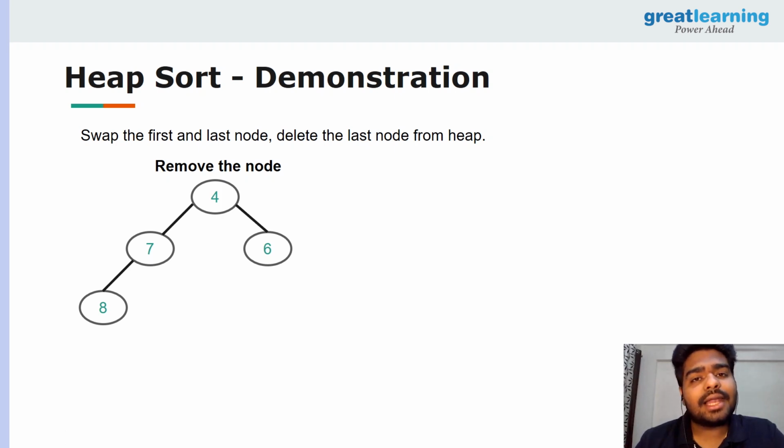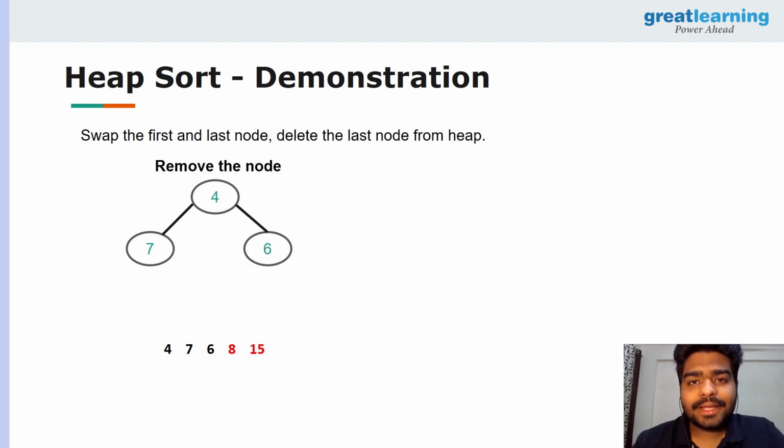Which node? The last node. So we have removed the 8. Once you do that, you are left with 4, 7 and 6. And 8 is removed. That means it is sorted. So I've marked it in red in color. 8 and 15 is sorted. Now we have to only work with 4, 7 and 6.